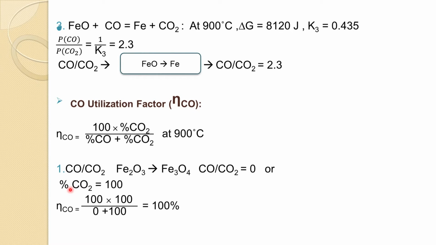And after wüstite, it again reacts with carbon monoxide and gives iron at 900 degrees Celsius, and this is your free energy. For this, the equilibrium constant in terms of the reverse ratio of CO2 comes to 2.3.